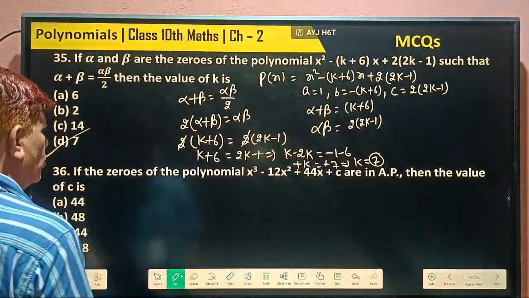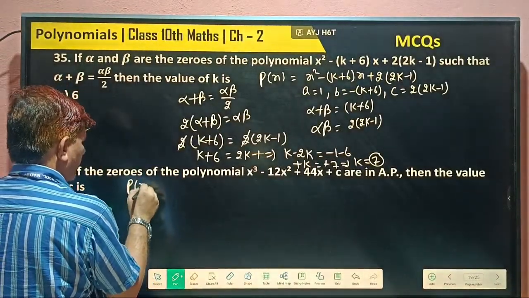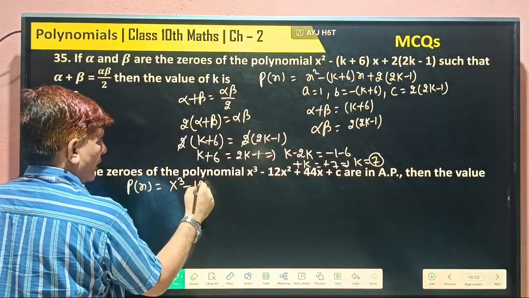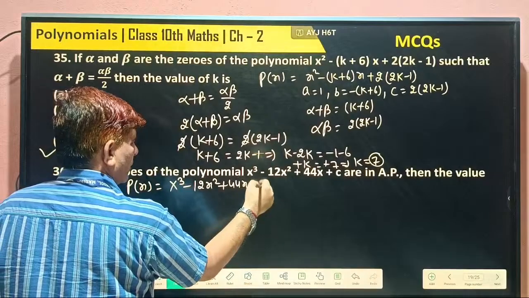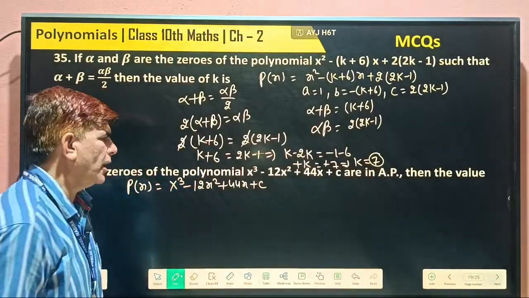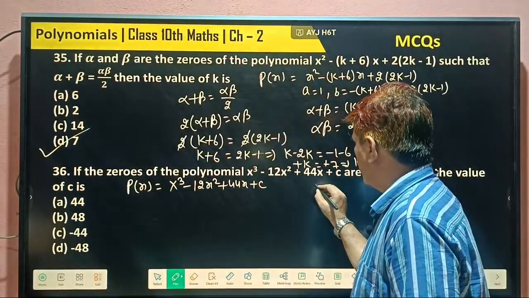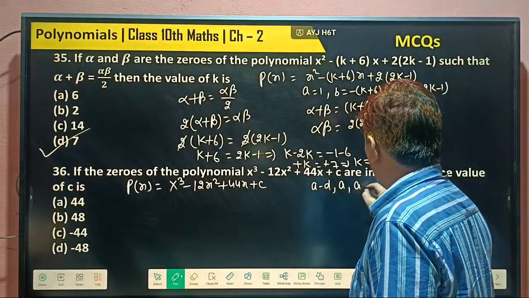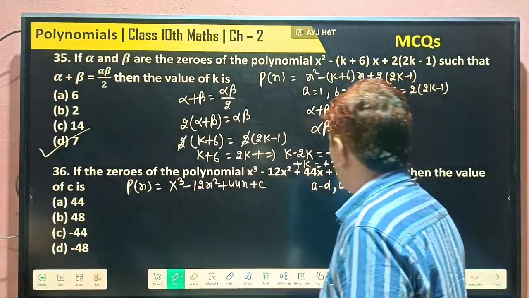Again, given that the zeros of the polynomial, which polynomial? This polynomial, x cube minus 12x square plus 44x plus c, are in AP. So again we can say the zeros are a minus d, a, a plus d.